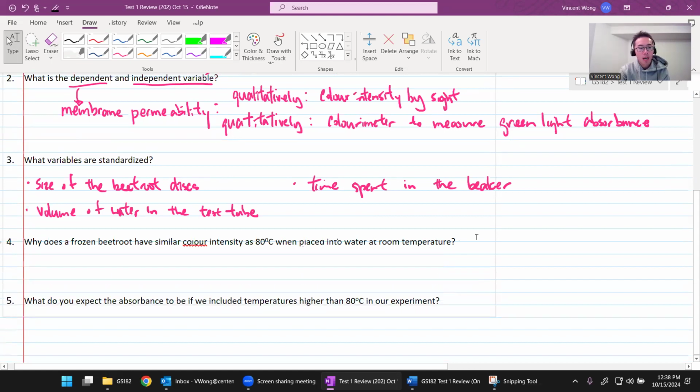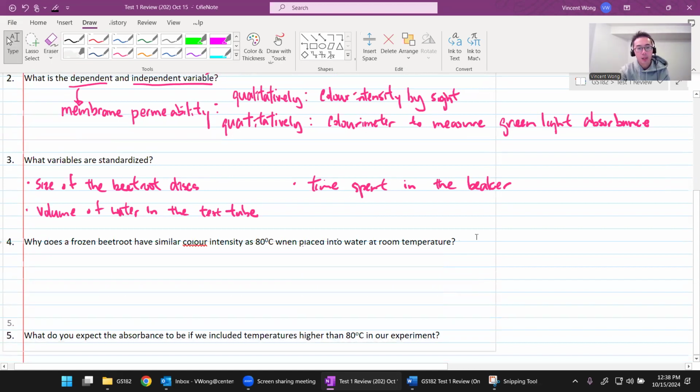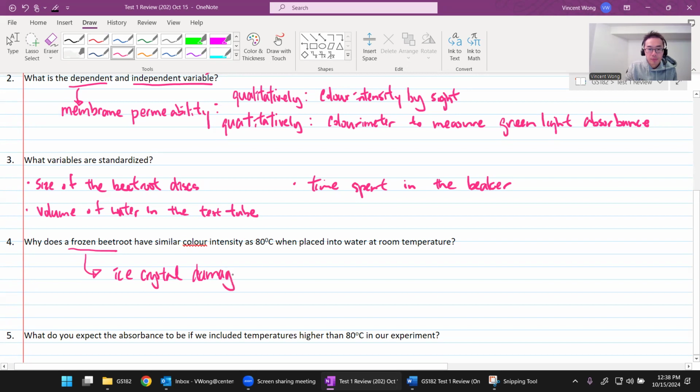All right, next question. Why does a frozen beetroot have similar color intensity as 80 degrees when placed into water at room temperature? Okay, so this question was something we talked about in lecture four, part B of lecture four. I told you at the time when you freeze a cell, the ice crystals basically puncture or damage the cell membrane.